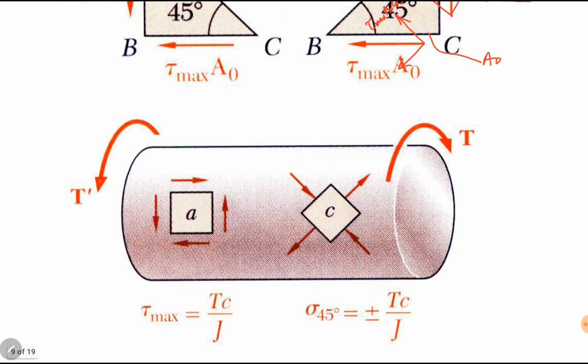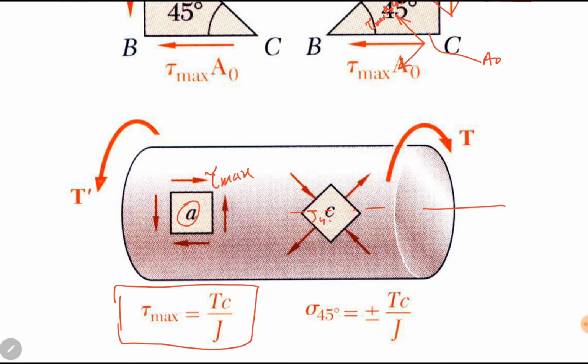if the two sides of an element like element A are parallel and perpendicular to the member axis, this element is under pure shear stress, which will be maximum, and maximum shear stress is equal to Tc over J. If an element is at 45 degrees with the member axis, the element is under pure normal loading.